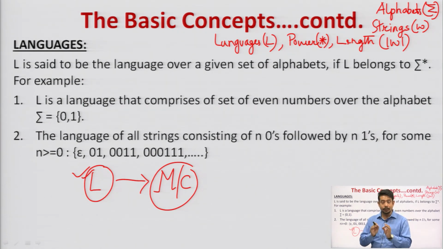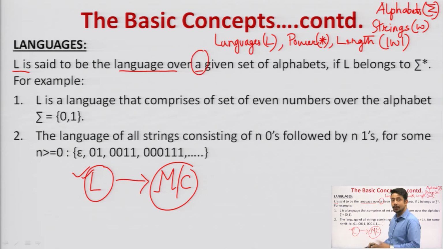And what does the language generally focus on? Languages focus on strings. I am just reading out the sentence I have mentioned here. L is said to be a language over A, where A is nothing but an alphabet, a given set of alphabets.